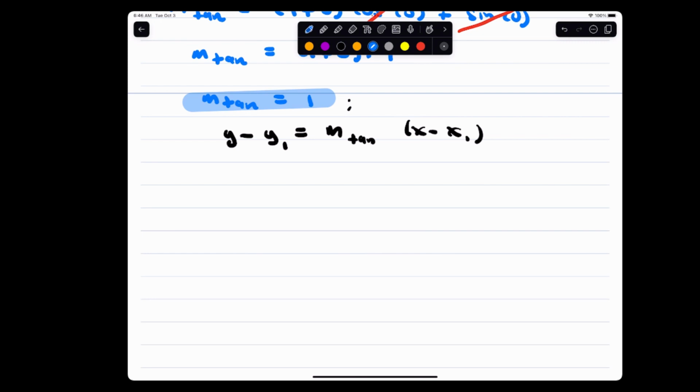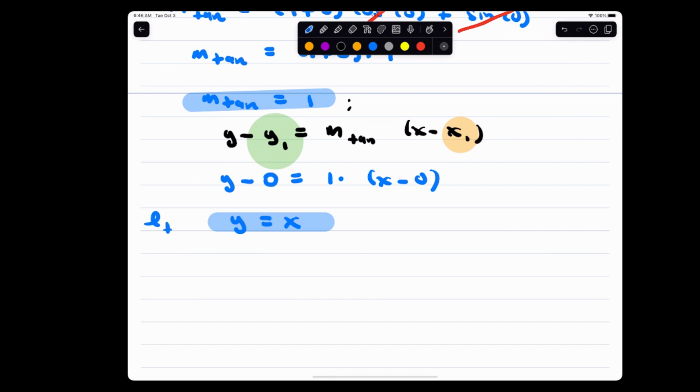Not as interesting, I guess. So you get y minus 0 is 1 times x minus 0, which means y is really x. And we call this L tangent.